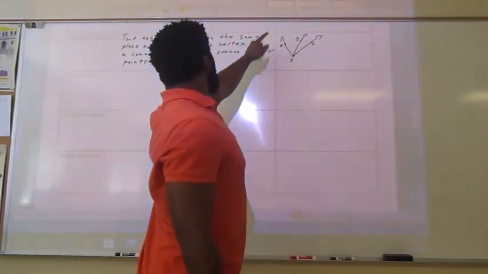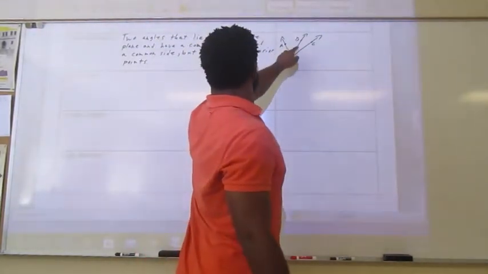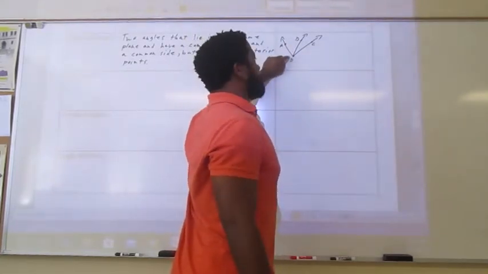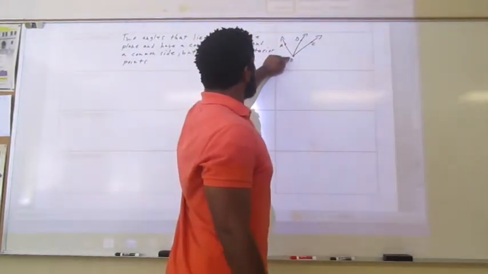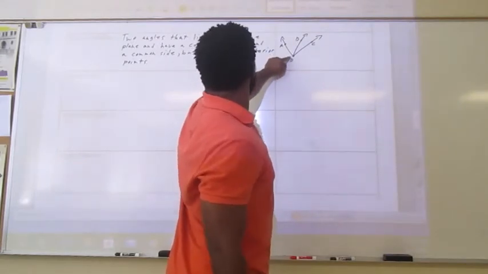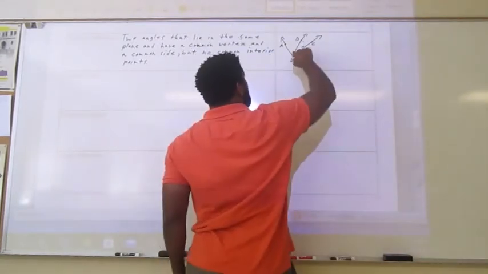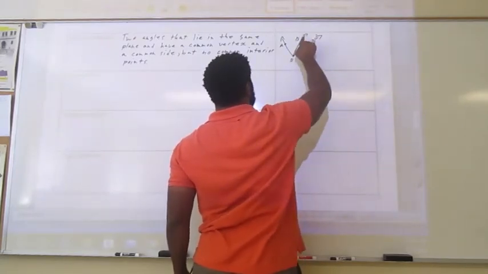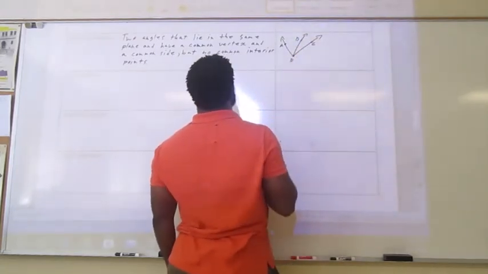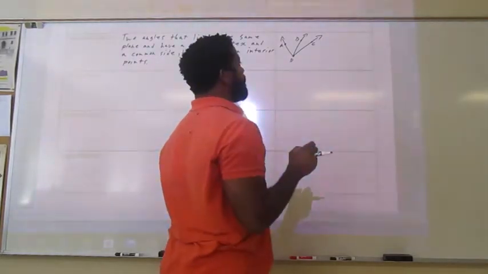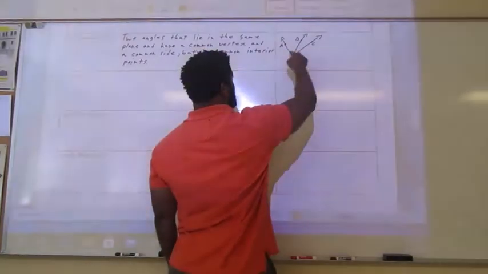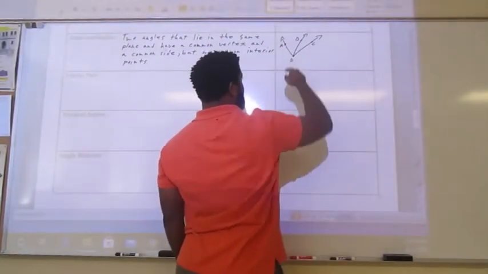So, angles that lie in the same plane that have a common vertex, D, right? They have the common vertex and a common side. A common side is B right here, okay? This is the common side, the one in the middle. But no common interior points, okay? Pretty much like right here in this section.